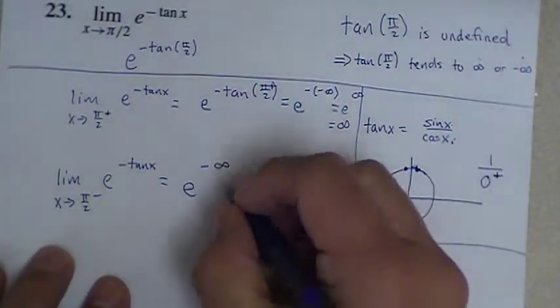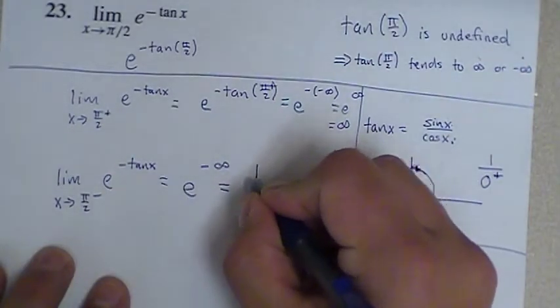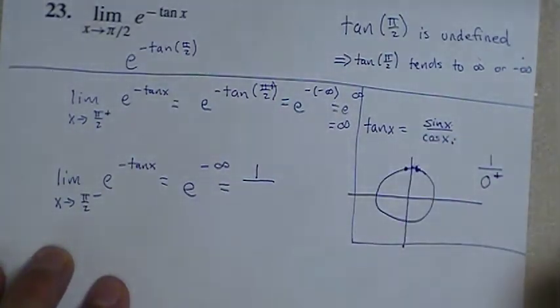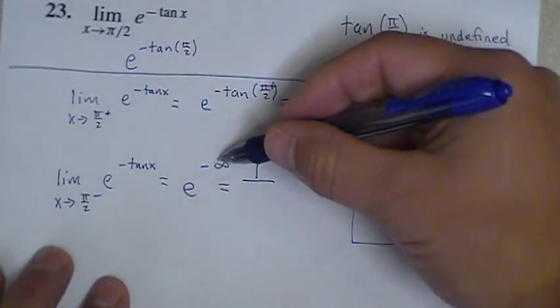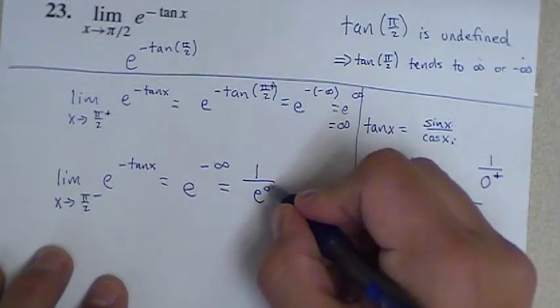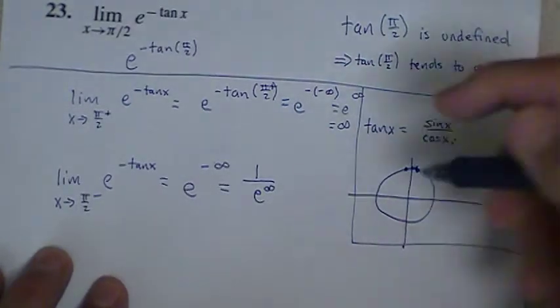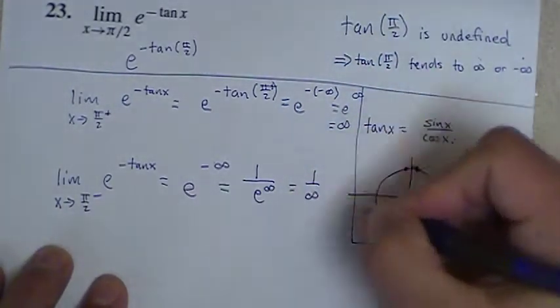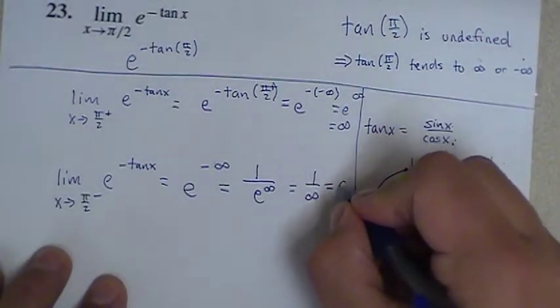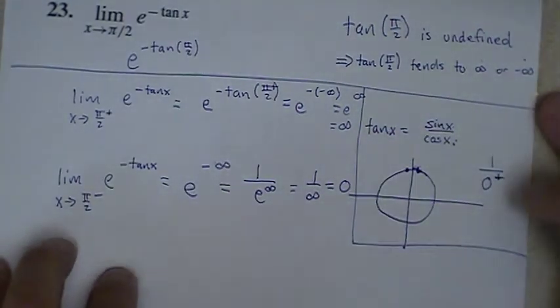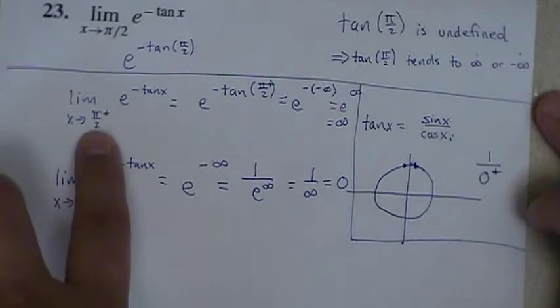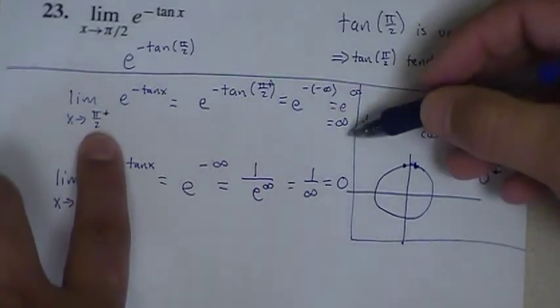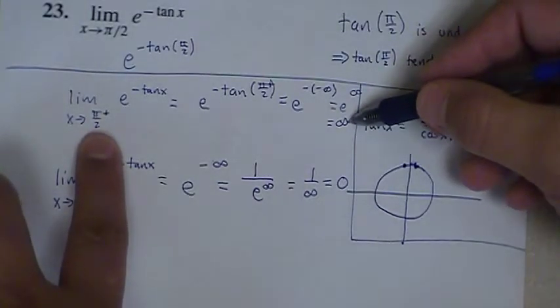And then if you do what we did with one of these in class today, before you evaluate this, use your properties of exponents, get rid of this negative exponent by moving it across the fraction bar, and you change the sign on the exponent. e to the infinity is infinity. 1 divided by infinity is 0.